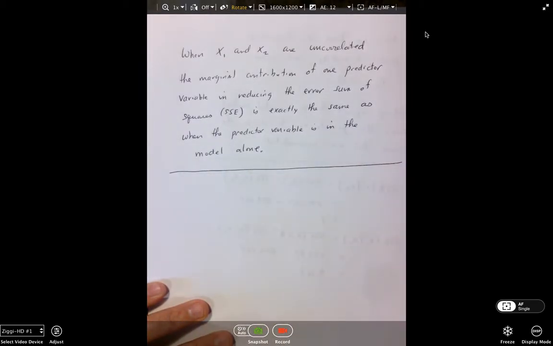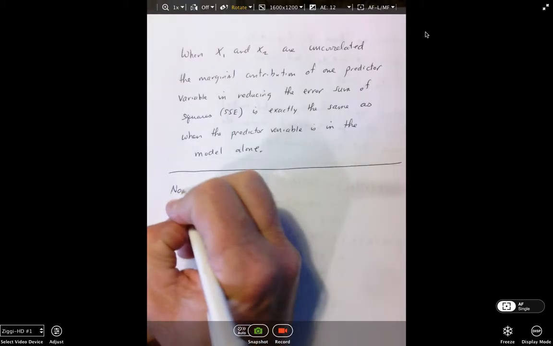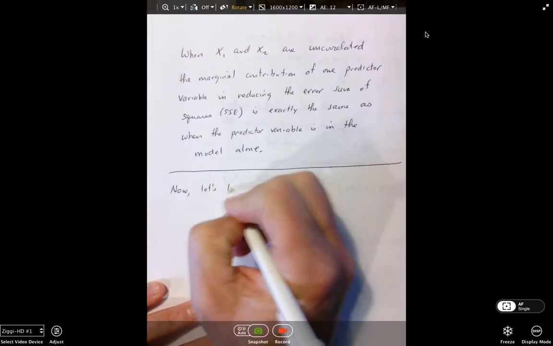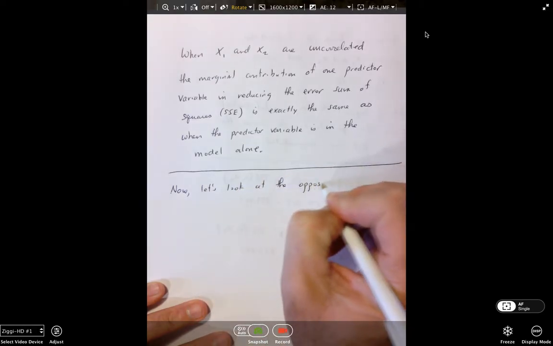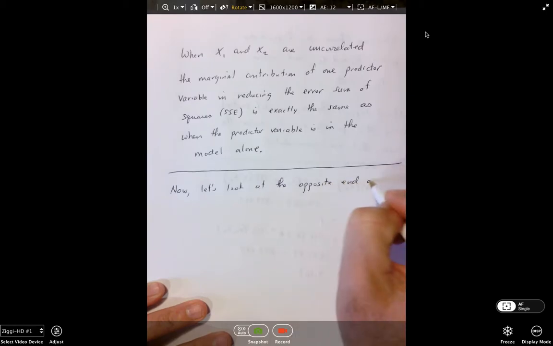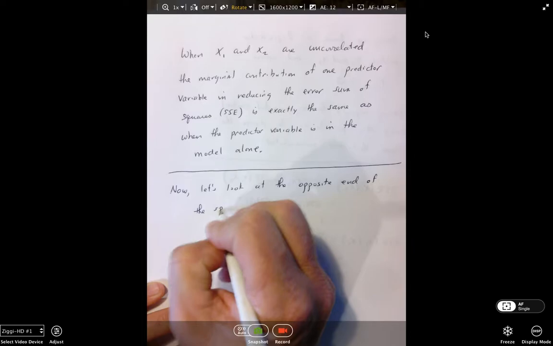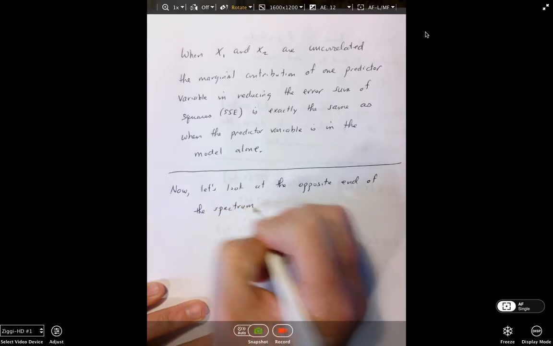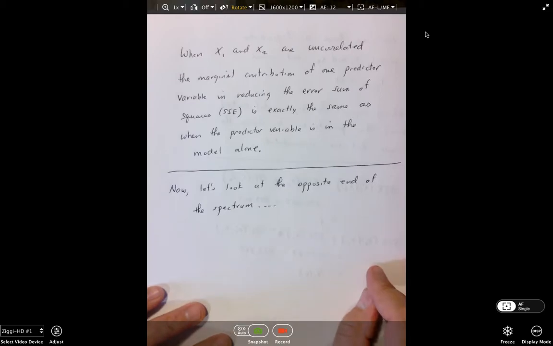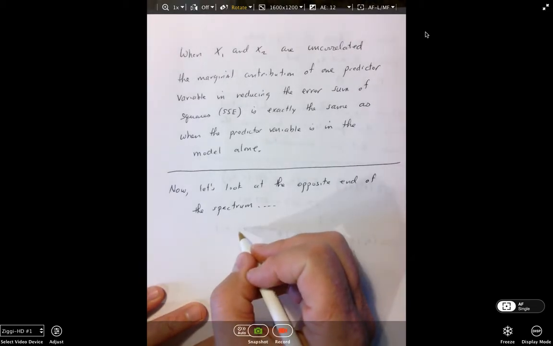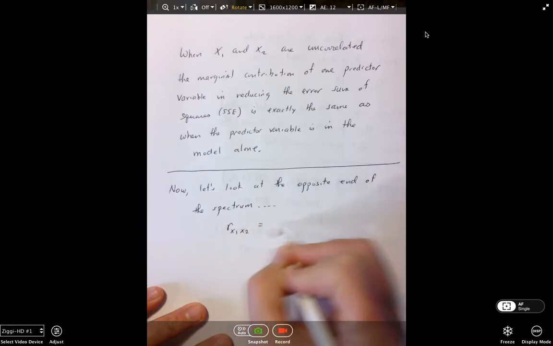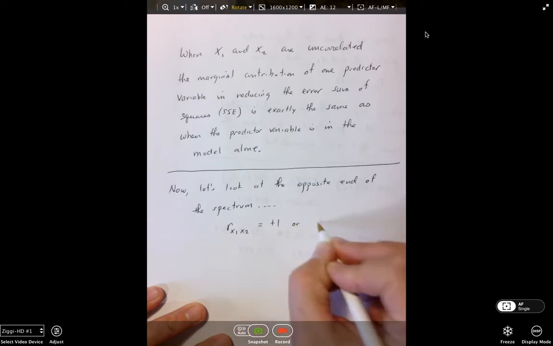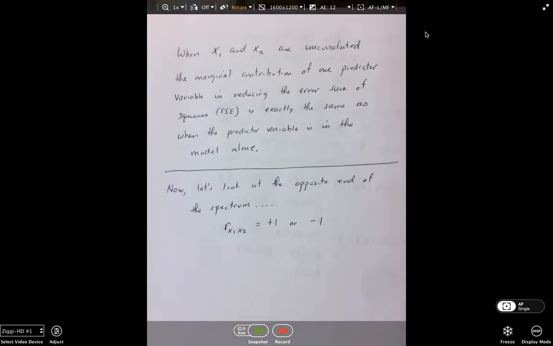All right, now let's look at the opposite end of the spectrum. And the opposite end of the spectrum is when our predictor variables x1 and x2 are perfectly correlated.